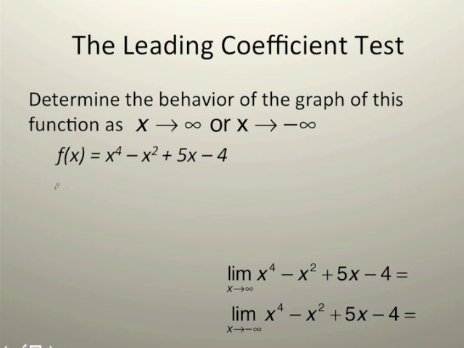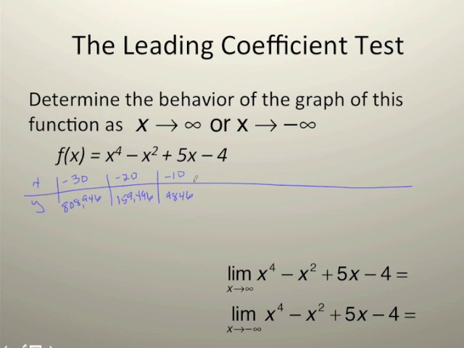So what I did was look at these functions and I said, here's the x values and here's the y values. When x is negative 30, y is 808,946. When it's negative 20, it's 159,496. When it's negative 10, it's 9,846.